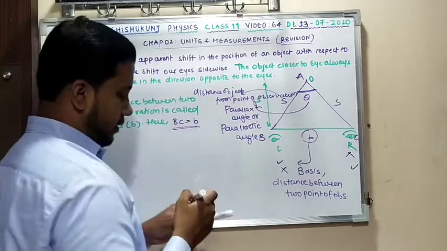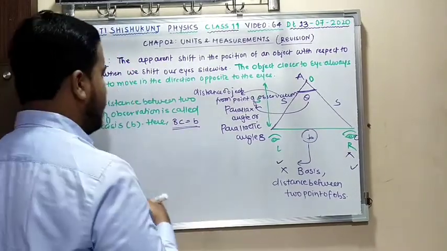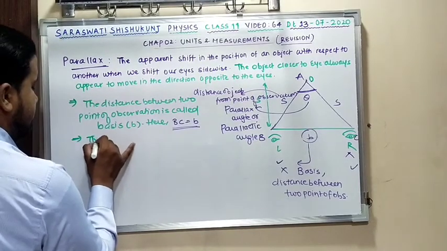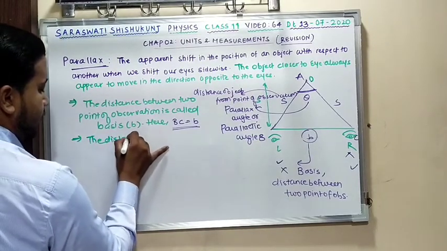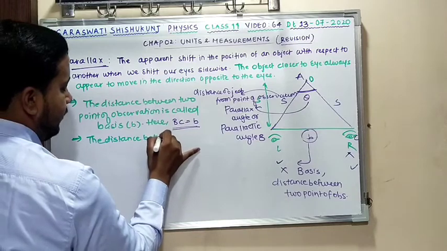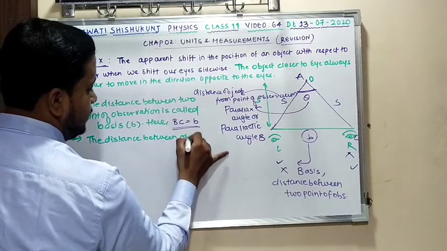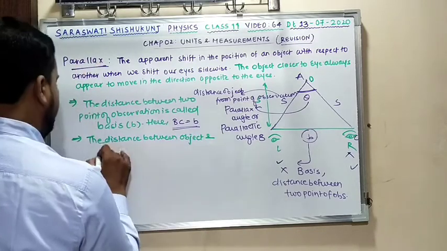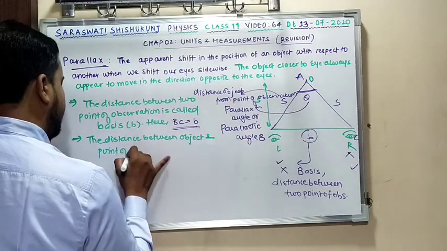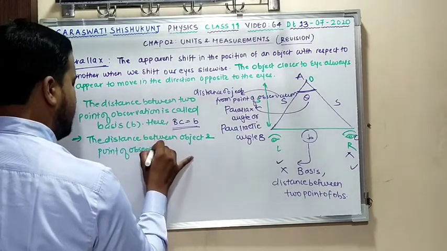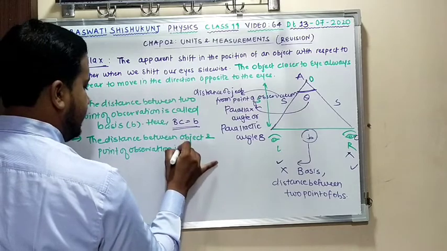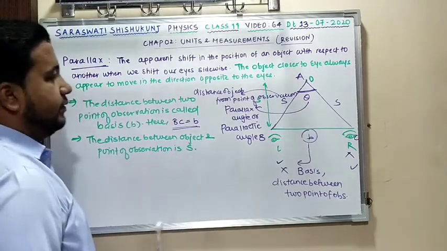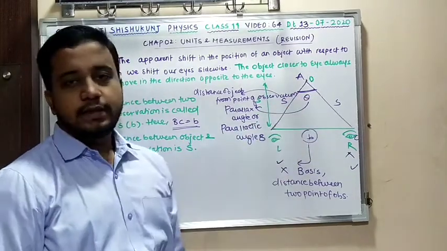Clear? 100% clear? Okay. The distance between the object and the point of observation is S.